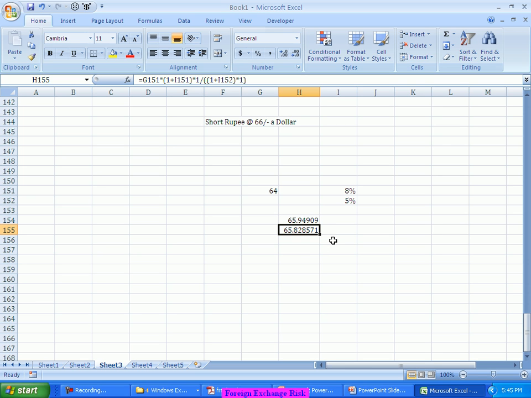There is a small difference, but this is for a 1 year period we are talking about. For a shorter period, the difference will be even more negligible. 6 months, 3 months, the difference will be even more negligible. And you will not have scenarios where such close answers will exist. So probably you can use either continuous compounding or discrete compounding.